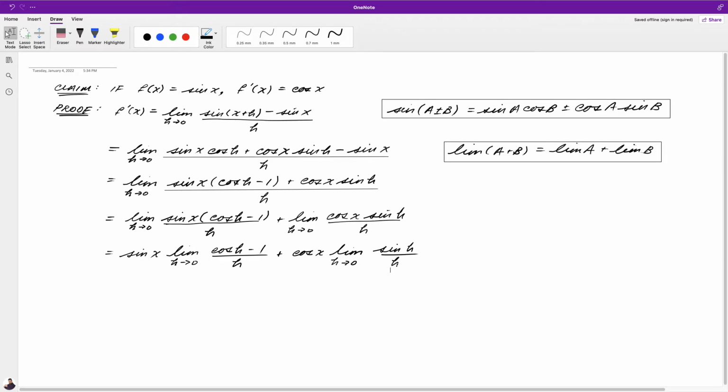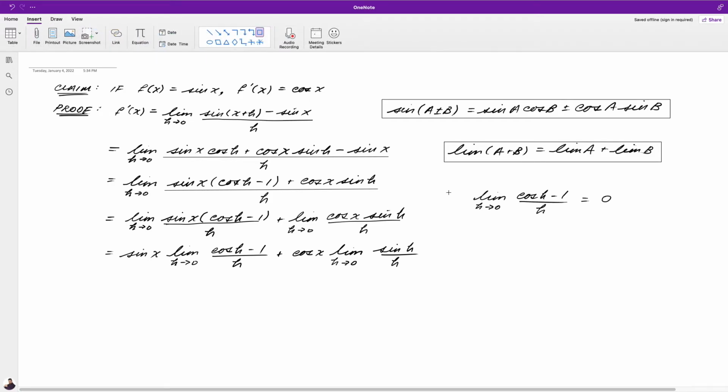Now, a couple of limits that are typically provided in any introductory single variable calculus class are these. Now, I'm going to put them in a box here. The limit as h trends to 0 of the cosine of h minus 1 over h, this is going to be 0. Okay, there's one of them.